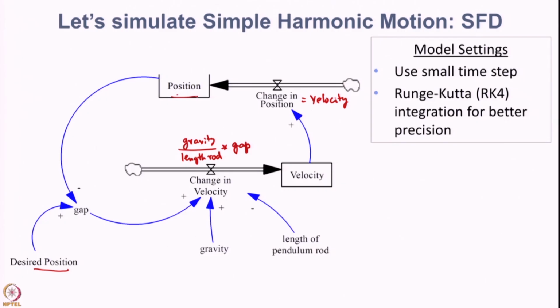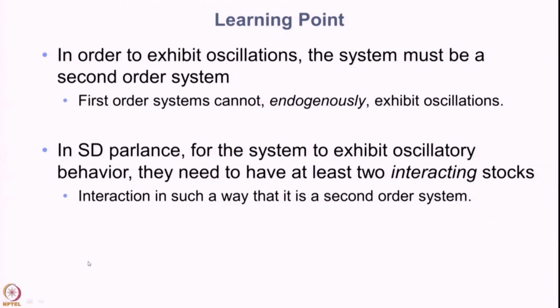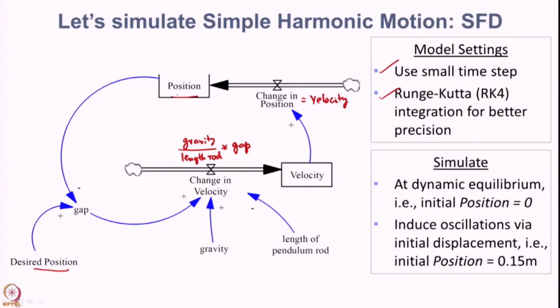Again, when building this model, we will use a small time step and RK4 integration for better precision. Now, we are going to simulate this in Vensim. First, we are going to start the model at dynamic equilibrium. So, the desired position value we already know is 0.